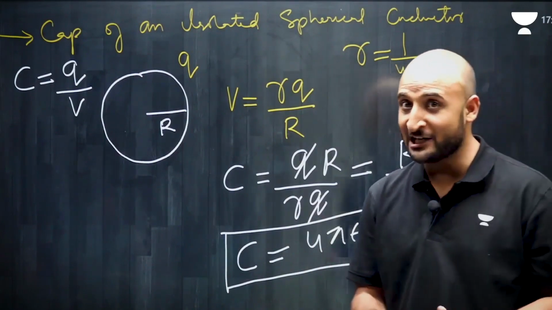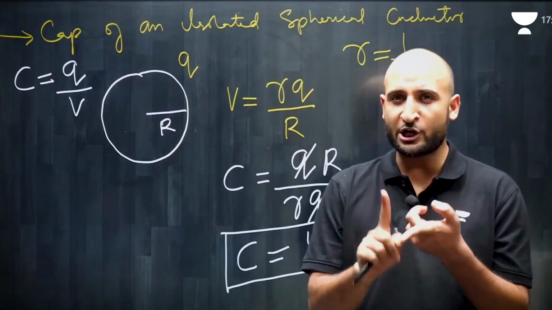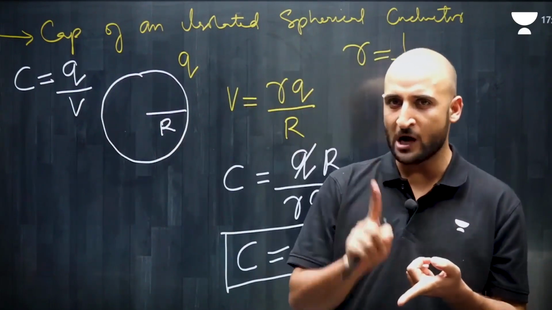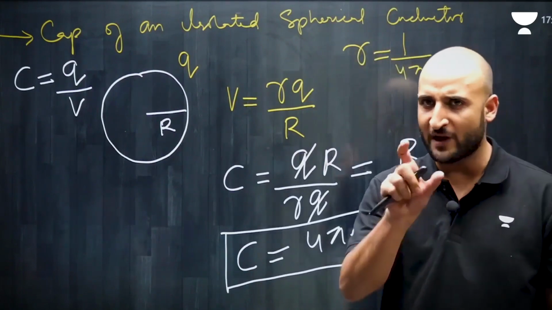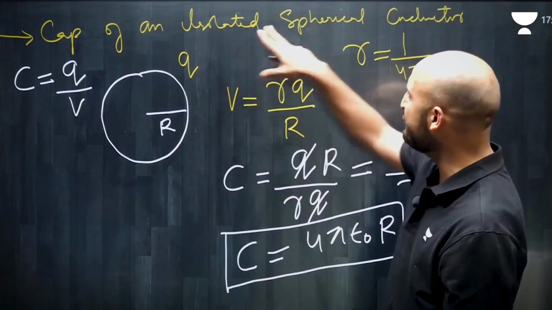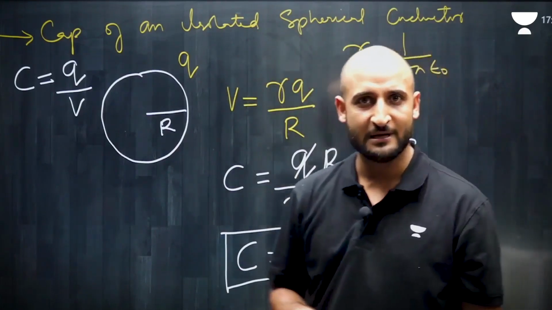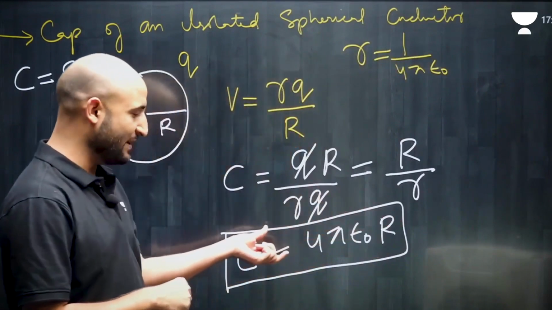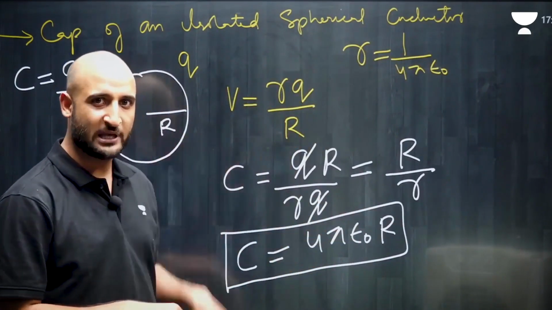Now that actually tells you that this C equal to Q by V is a working rule, a mathematical working rule, to find the capacitance of a capacitor, or to find the capacitance of a conductor. And the capacitance of an isolated spherical conductor is 4 pi epsilon naught R. Now having a look at this equation, it again tells you the same two things.